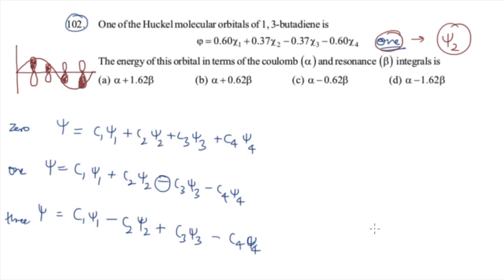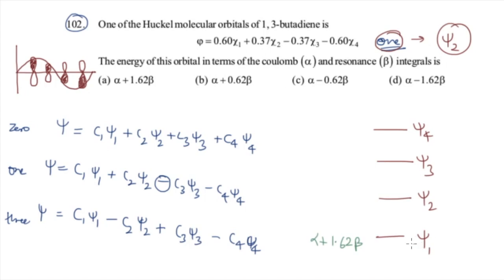Now let's talk about the energy order. So if you write down the energy values, let's say this is the lowest one, psi 1, then your psi 2 is there, and you have psi 3, and then you have psi 4. For psi 1, the energy value is alpha plus 1.62 beta.